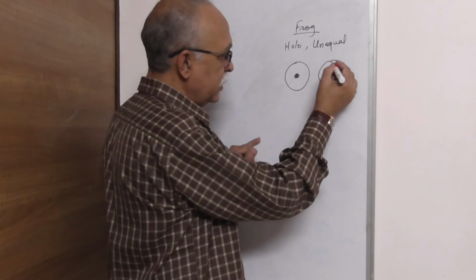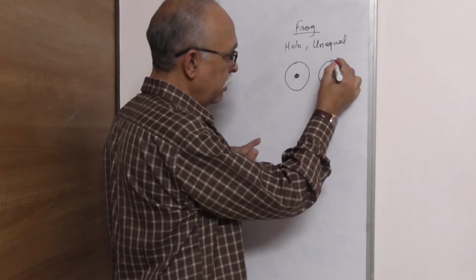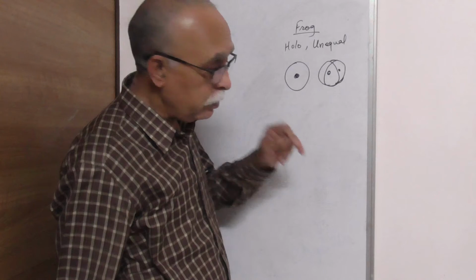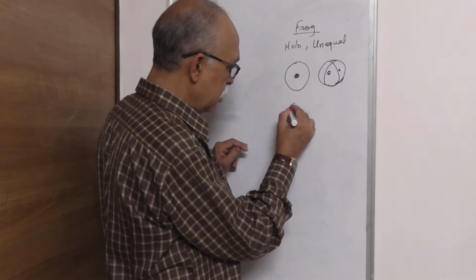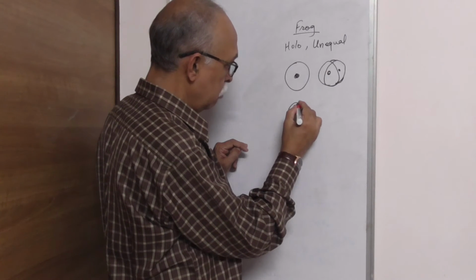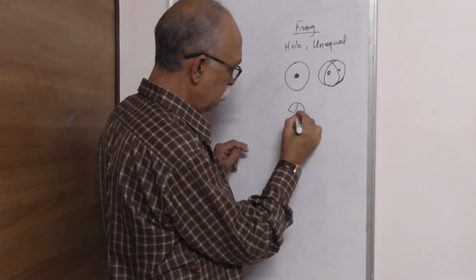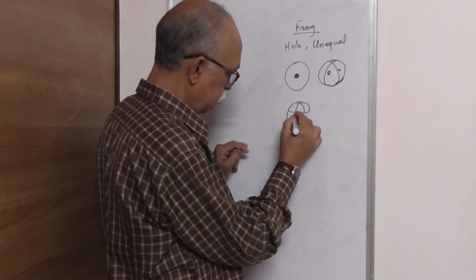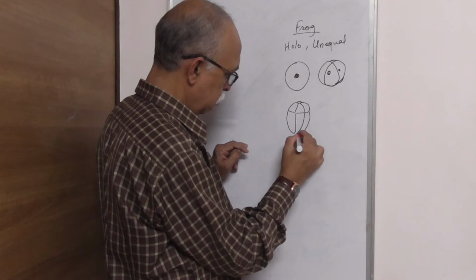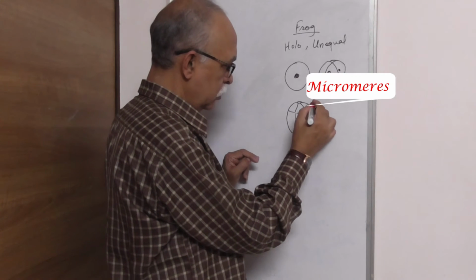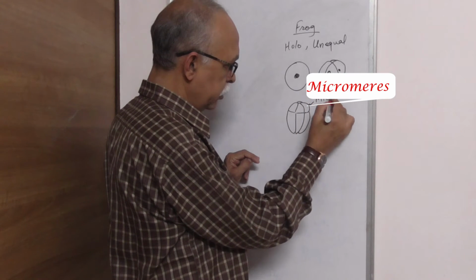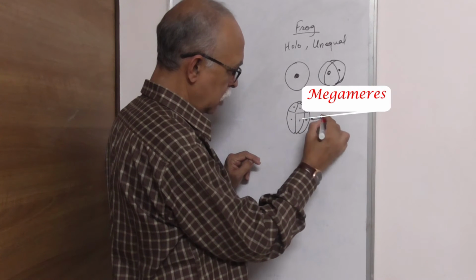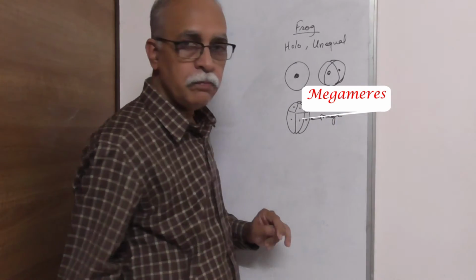meridional, second cleavage is also meridional but perpendicular to the first one, the third cleavage, the time would be, these are now micromeres, these are megameres.